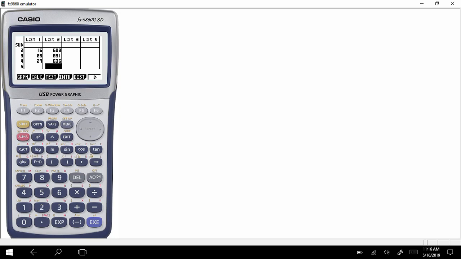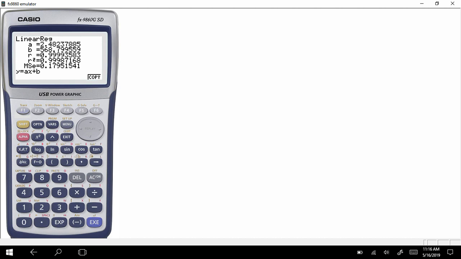So since we have our data typed in, we're going to go to calc, so F2. We're going to choose regression. And then X is the one for linear, so we're going to do that first. What we're paying attention to is the R squared value.